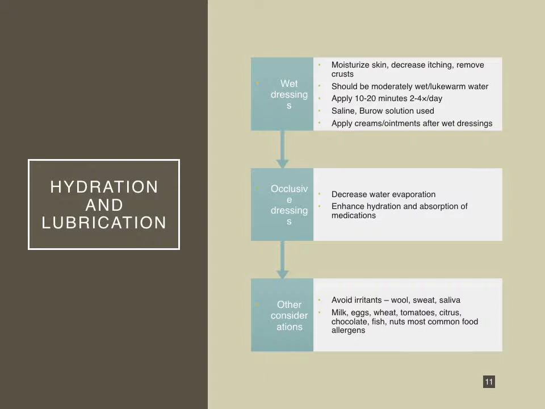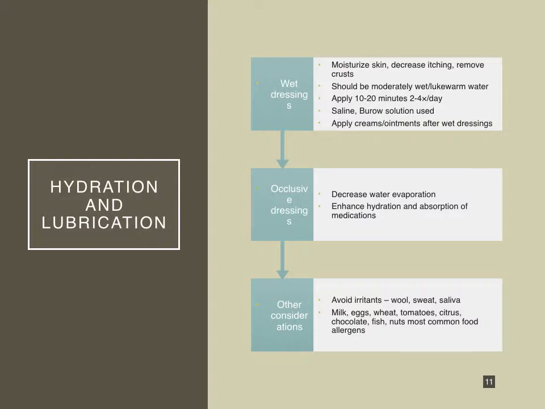A wet dressing moisturizes the skin, and then as the wetness in that dressing evaporates, it provides relief. So it cools the skin and relieves itching. And so wet dressings are generally used in open wounds or weeping wounds to help dry them out.